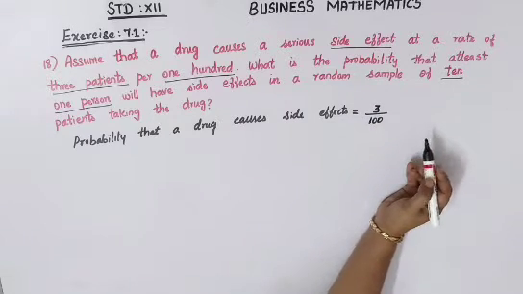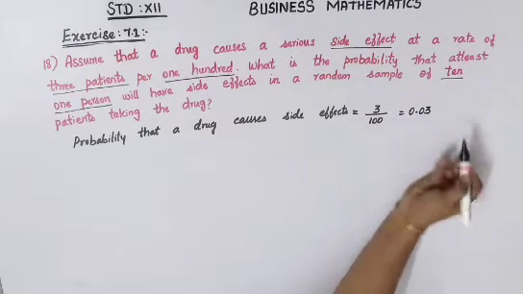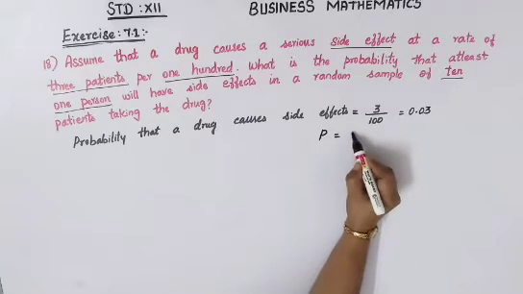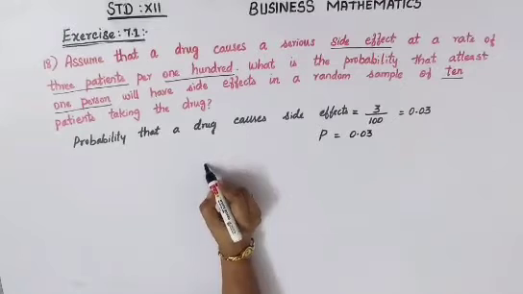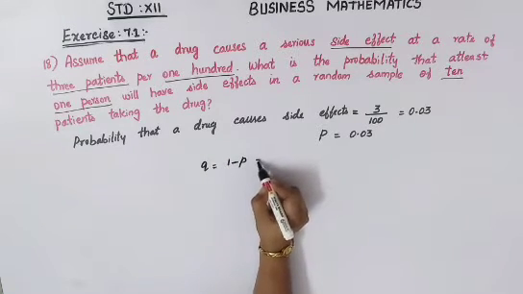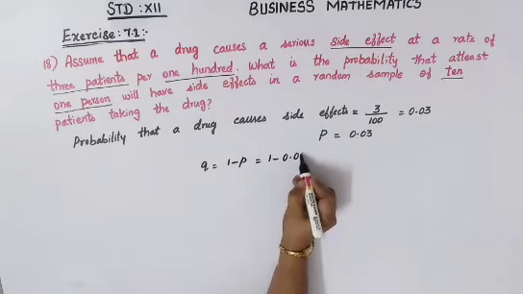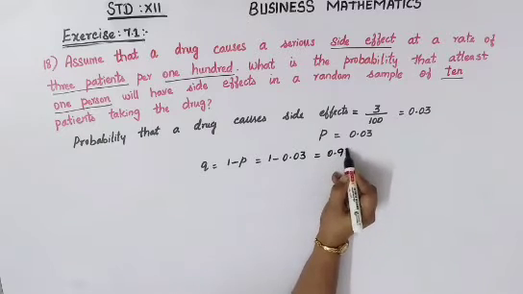So 3 by 100, you can write it as 0.03. Therefore, your probability of success, take it as P is equal to 0.03. Now your failure is Q is equal to 1 minus P, which is equal to 1 minus 0.03, which will be equal to 0.97.